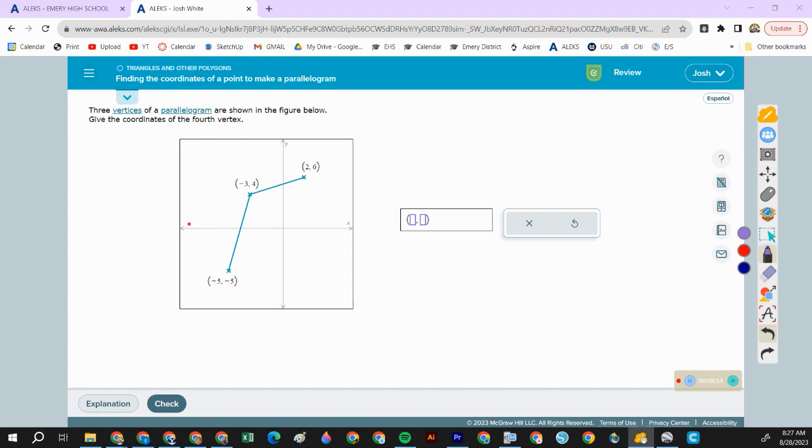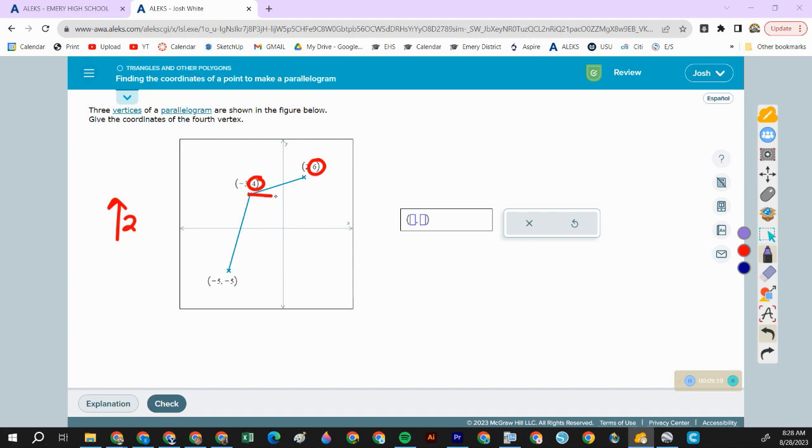So what is the slope of this top line? Up how many? So how far is it from here to here? 2. We're looking at the y values, from y equals 4 to y equals 6. So we're going to go up 2. Okay.